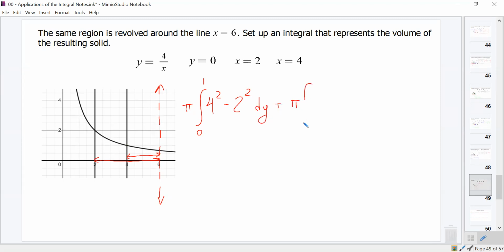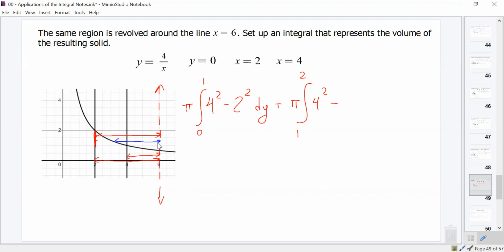And then we'll add to it pi times the integral from 1 to 2. And from 1 to 2, the outer radius is still going to be the same value. We're still going to extend from 2 to 6 there. So that'll be 4 squared. But then we'll subtract from that our inner radius. And our inner radius is this distance from the function to x equals 6.